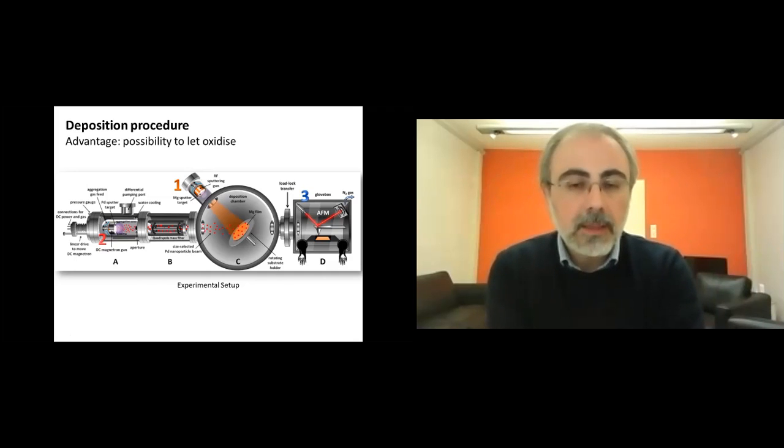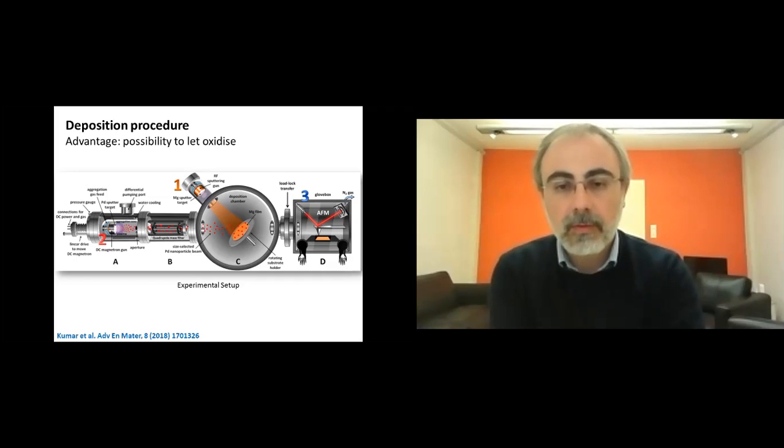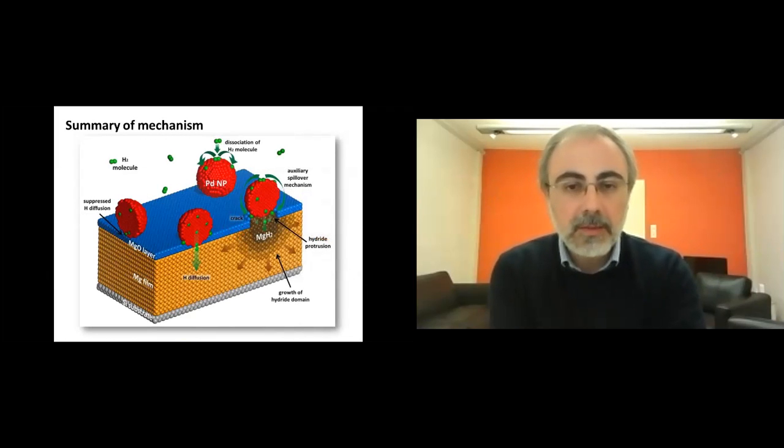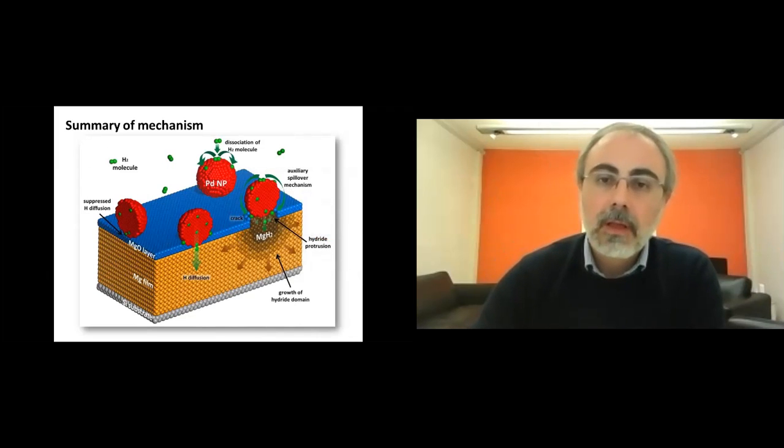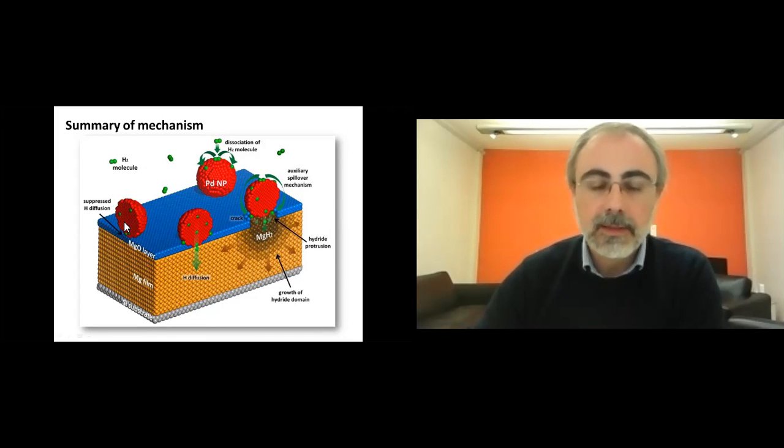Now, one of the biggest advantages of this is that you can let your system oxidize before you start the hydrogenation. And therefore, the mechanism is like this. The hydrogen molecule dissociates on the palladium nanoparticle. And then if the palladium nanoparticle is deposited after oxidation, the magnesium oxide layer acts as a block. It suppresses the hydrogen diffusion in the magnesium film.